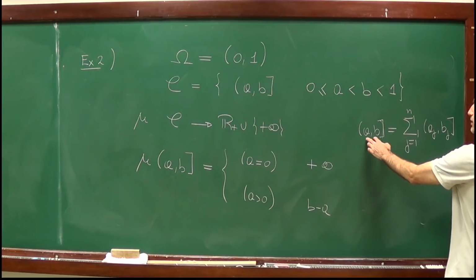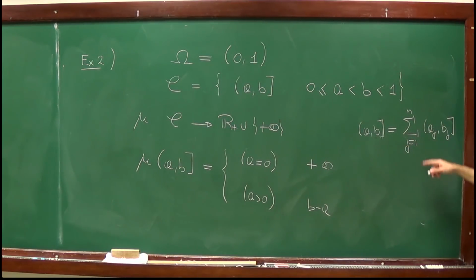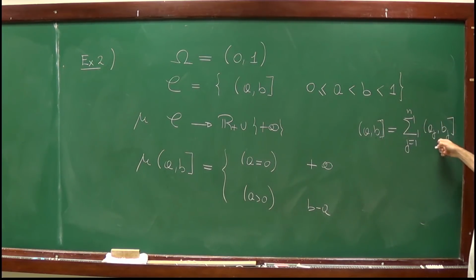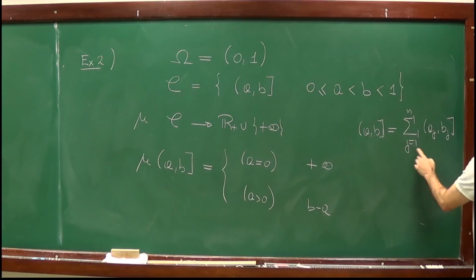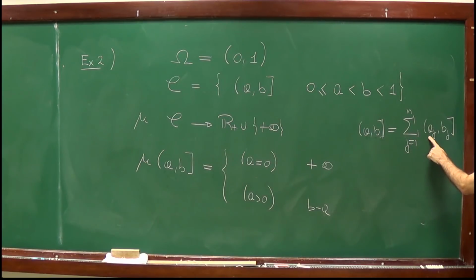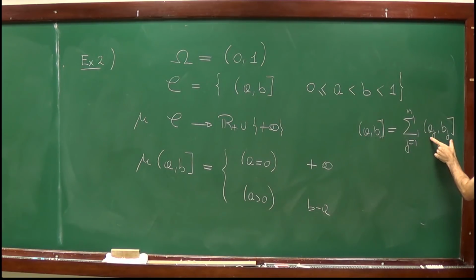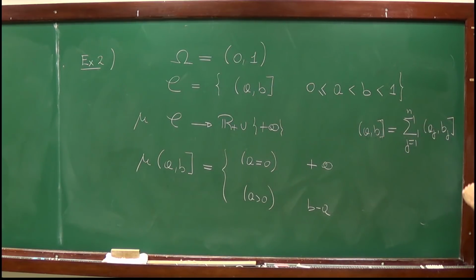So what I claim is that if (a,b] is equal to this finite union of intervals, then mu of (a,b] is equal to the sum of mu of (a_j,b_j]. This will be infinite if a is 0. If a is 0, there is one j for which a_j is 0, and therefore we will have infinity equal to infinity if we compute mu on both sides.